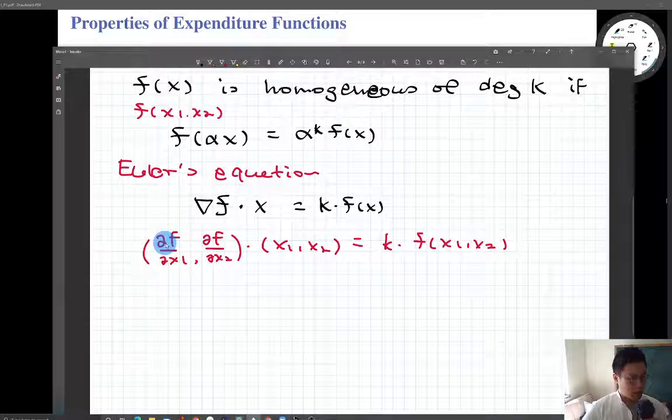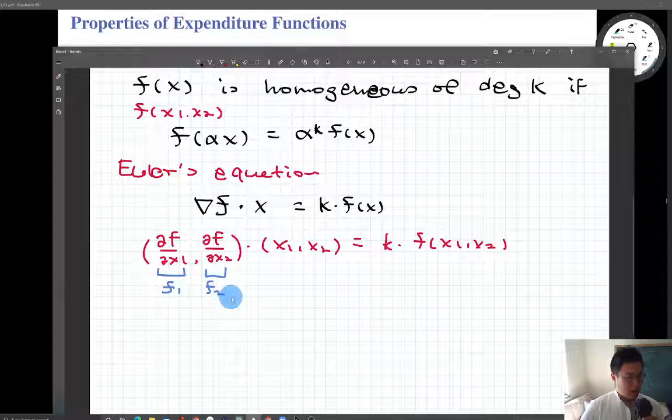Usually we express these partial derivatives by f sub 1 and f sub 2, where the subscript stands for the partial derivative with respect to that argument. Then we have f sub 1 times x1 plus f sub 2 times x2.